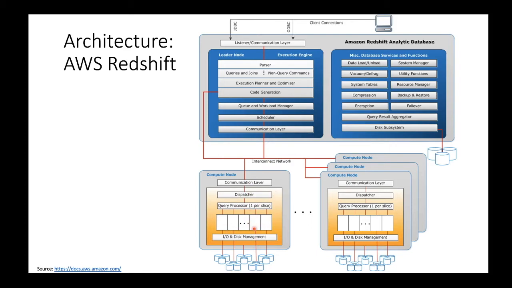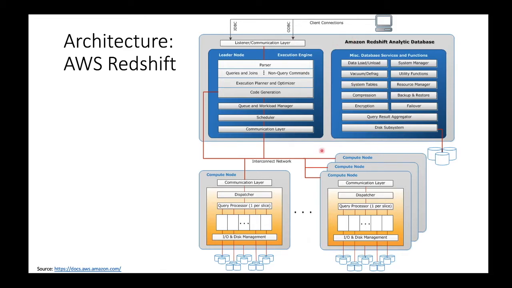It processes the data and parallelizes that processing using slices that we spoke about earlier. Once it processes the data locally, it sends that data back upstream, and the leader node is responsible for joining up the data that it has received from all of these compute nodes and sending the query results back to the client application.